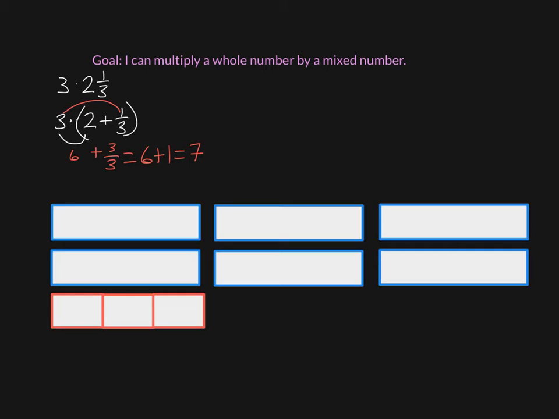And that matches up to another whole. So 3 times 2 1/3, when using the distributive property, gives us 1, 2, 3, 4, 5, 6, and our 3/3 together also equals 1 whole, for 7.